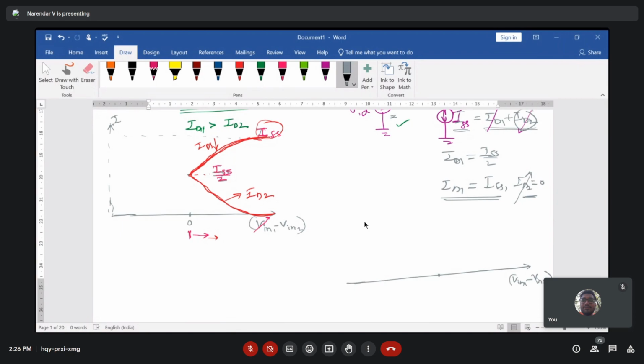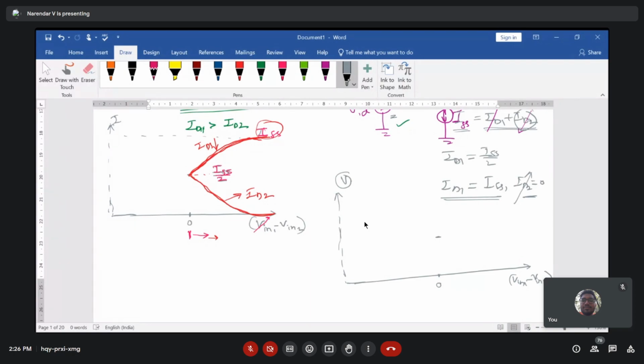Now at V input 1 and V input 2 equal, the current is ISS by 2 in both the transistors M1 and M2. ID1 is equal to ID2, which is equal to ISS by 2. And correspondingly, the y-axis of this plot indicates the voltage V, which is VD1 and VD2.